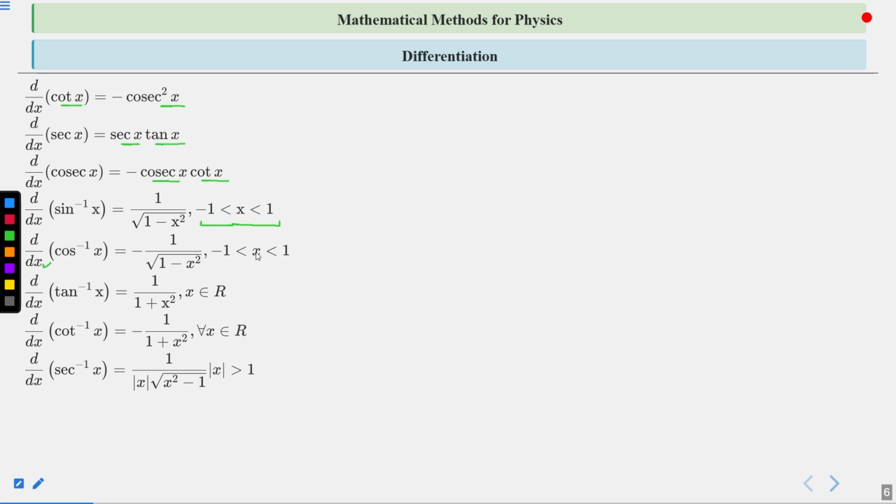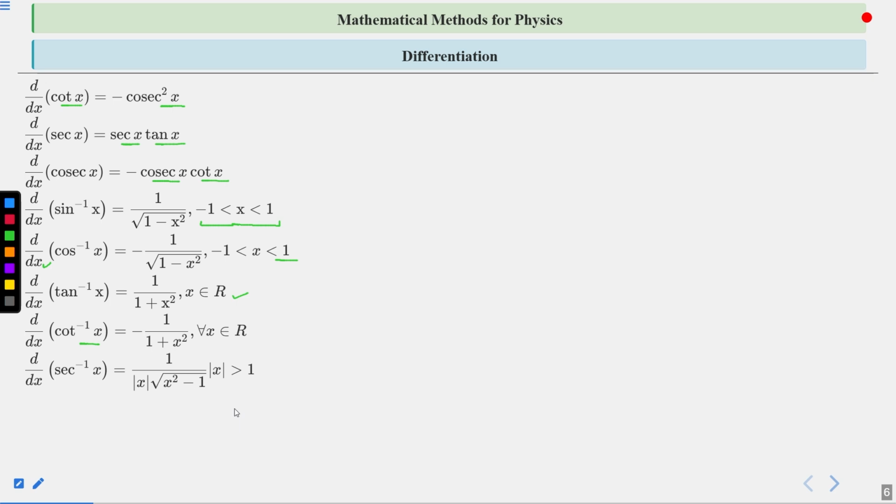Condition is x should be greater than minus 1 and less than 1. Differentiation of tan inverse x will be 1 upon 1 plus x square, and condition is x belongs to R. And differentiation of cot inverse x is minus 1 upon 1 plus x square. And differentiation of sec inverse x is 1 upon mod of x under root x square minus 1.